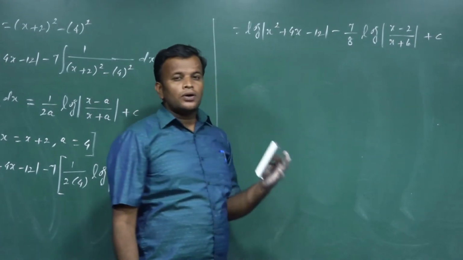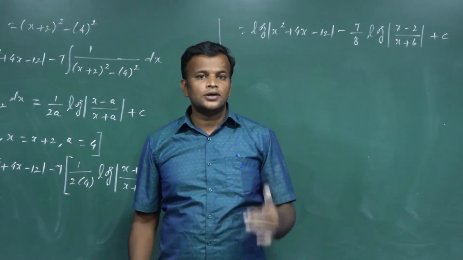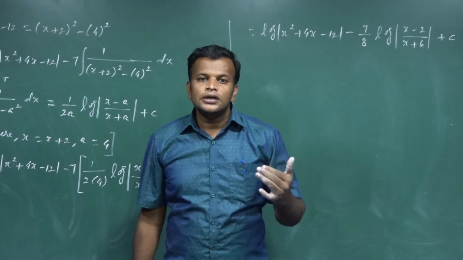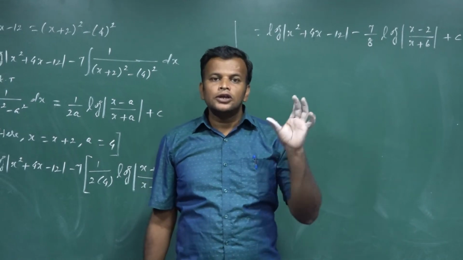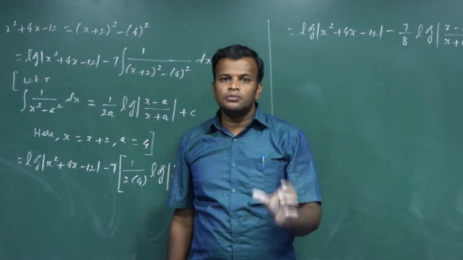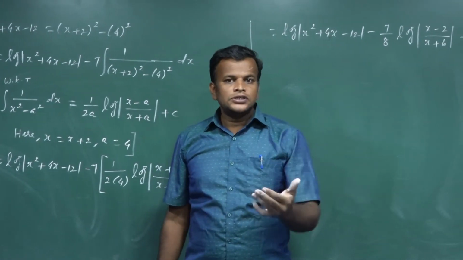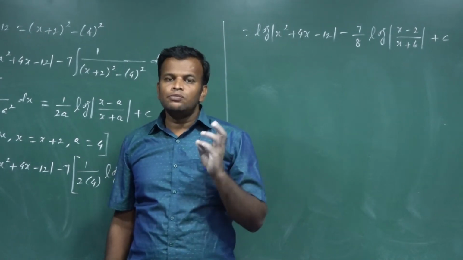In all quadratic polynomial sums we do the same process. When the numerator is a linear factor and the denominator is a quadratic polynomial, what is the first working rule? We write the numerator equal to a into d by dx of the denominator plus b. Next, we differentiate and equate the coefficients of x and the constant to find the values of a and b.